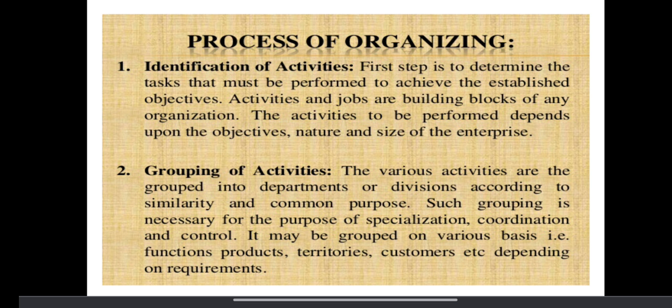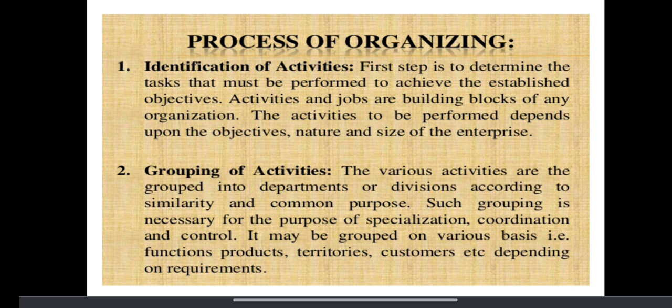So, whatever activities we take, whatever decisions are taken by the management, they all should be sorted, they all should be grouped so that they can achieve the common objectives of an organization. And how can these objectives be achieved?